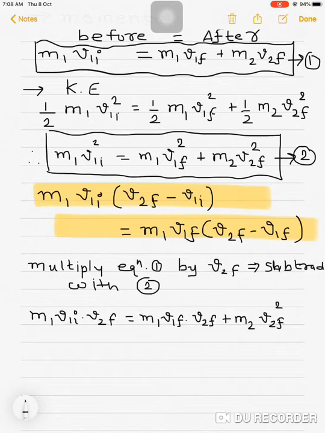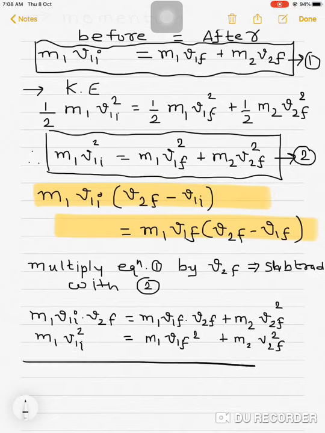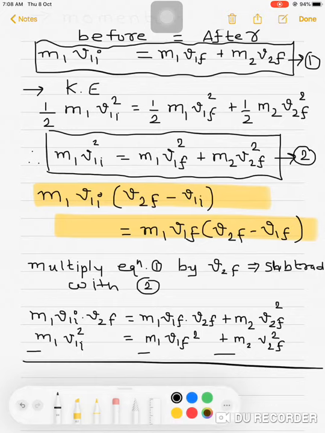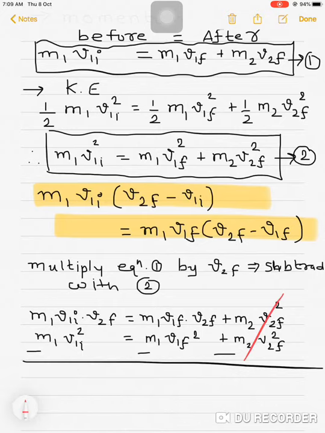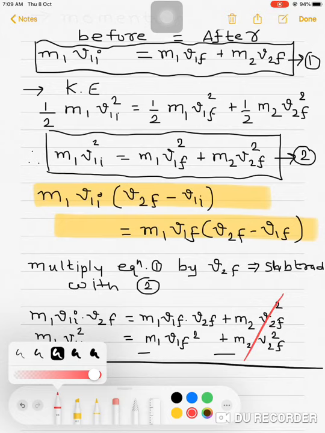Then equation 2 is m1 v1i square equals m1 v1f square plus m2 v2f square. Taking the subtraction, the m2 term cancels out.